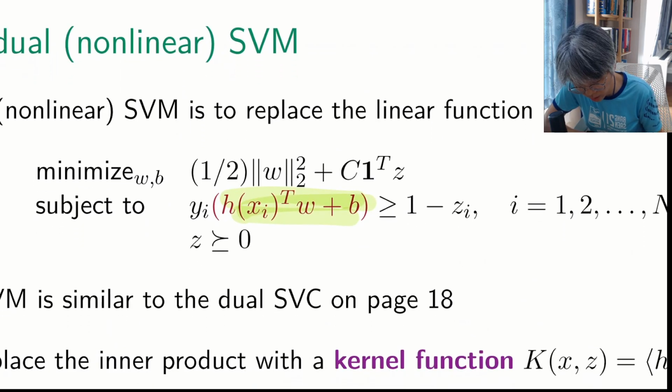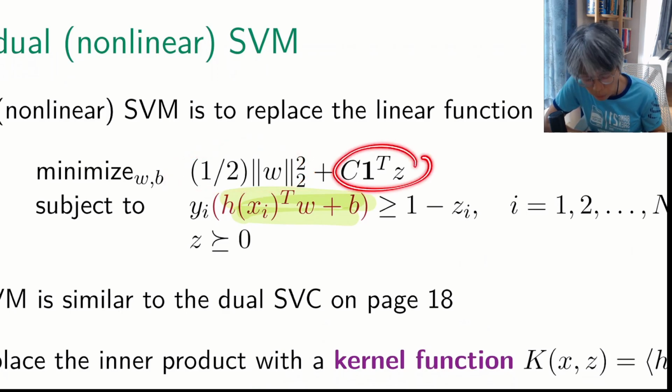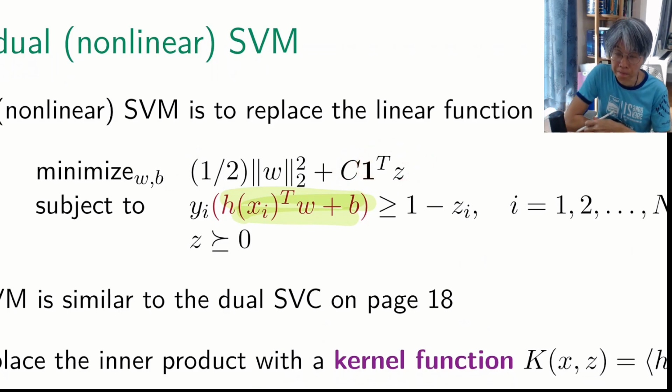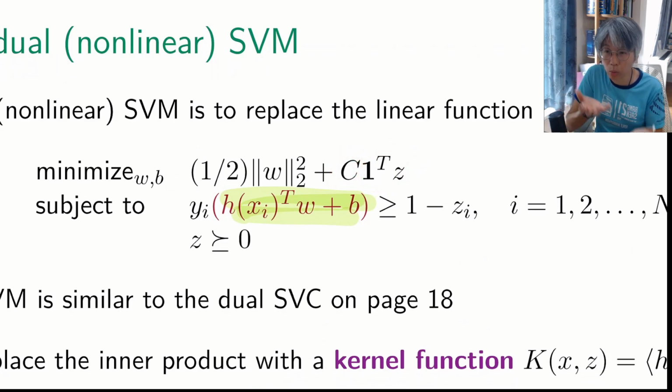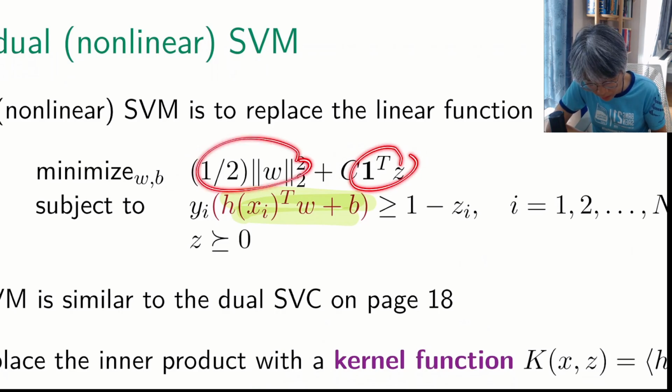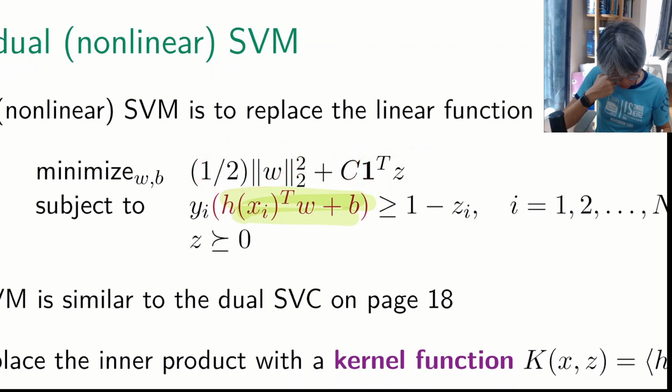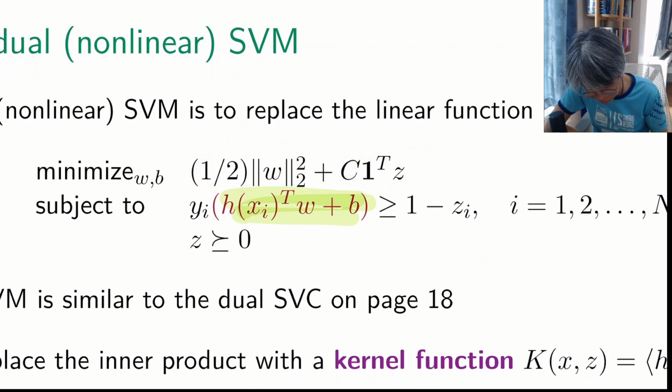The primal SVM wants the margin to be maximized and also wants to minimize the slack variable. With this objective, I focus on classifying the training data correctly. I have parameter C to trade off between these two, the margin and the slack variables.